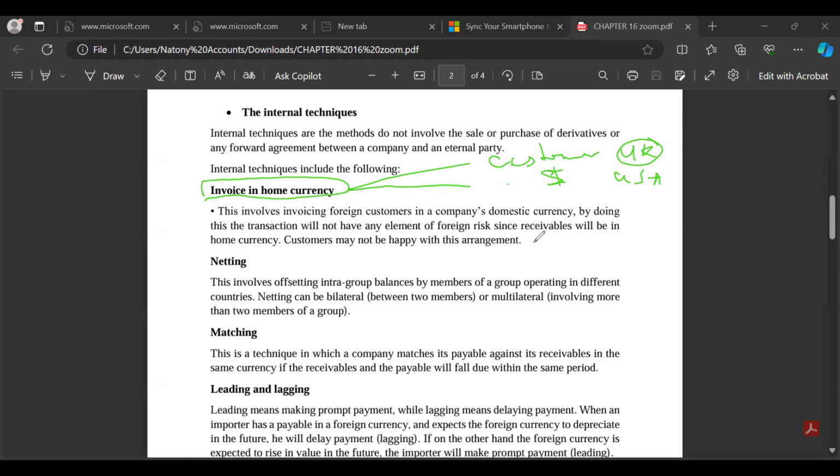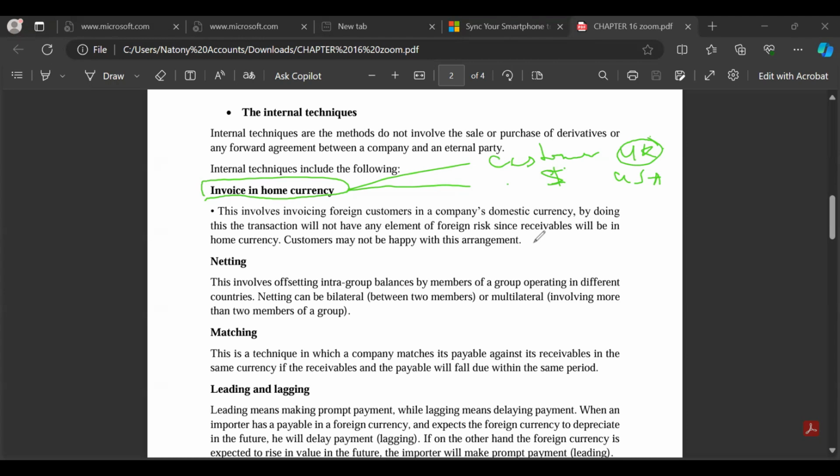With this, you have reduced or eliminated the risk of fluctuation in the foreign currency because your invoicing is not in the foreign currency. You have invoiced in the local currency. So that risk has been hedged away.